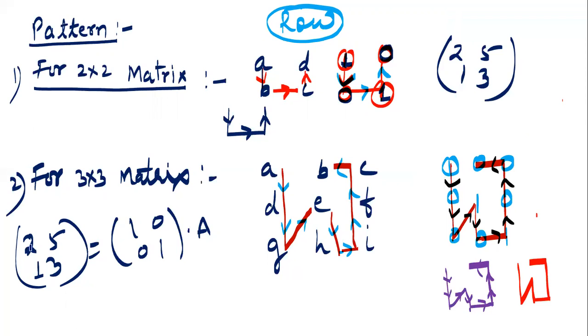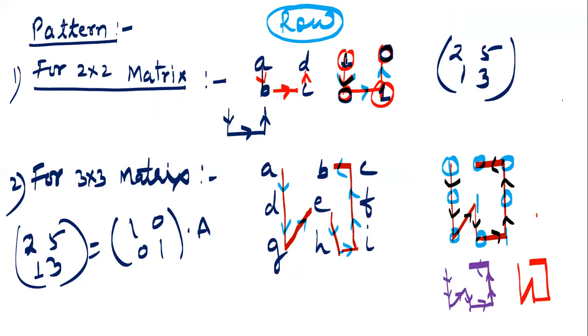But they should not get affected. If I have made it 1, it will remain 1 till the last step. If I have made it 0, it should remain 0 till the last step. Otherwise, it will become difficult to get identity matrix on this side.